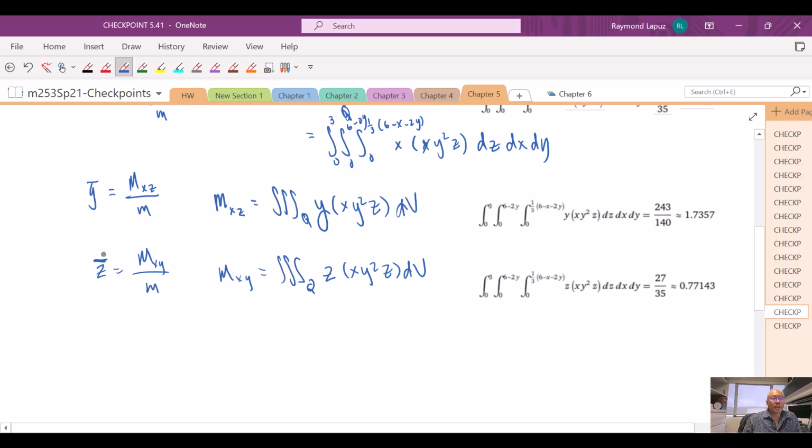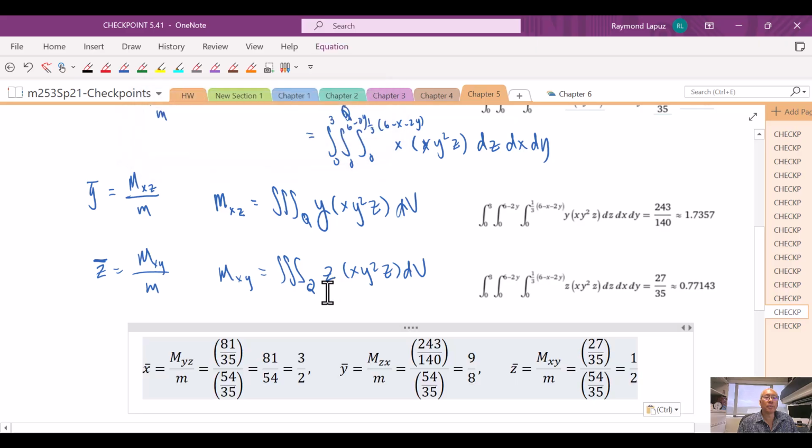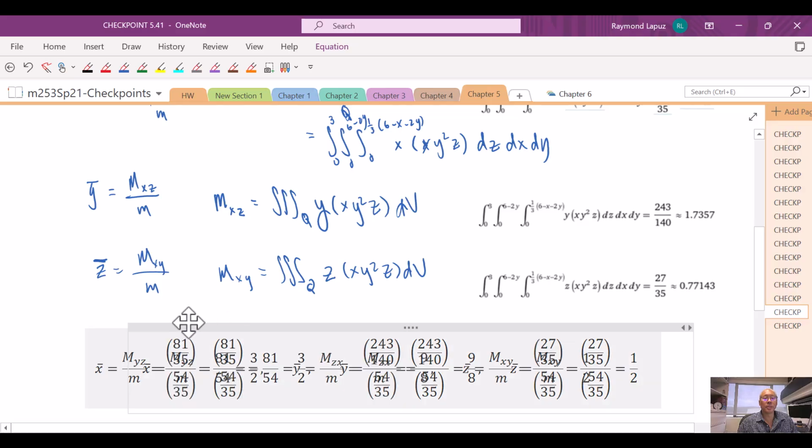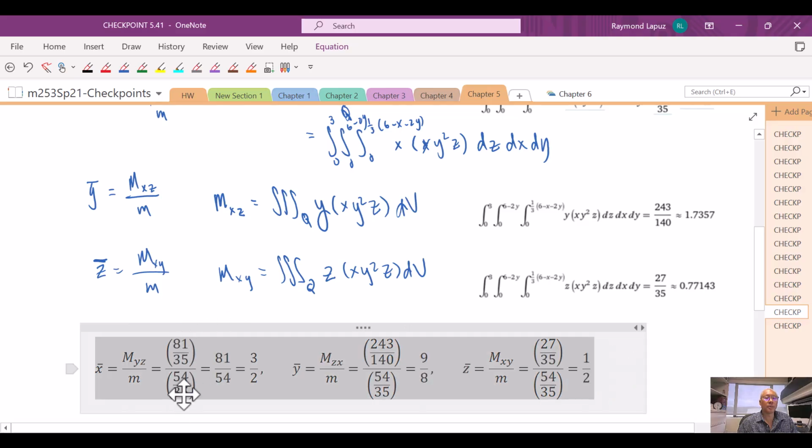Now that we have that, we're just going to put everything together. I actually typed up the work needed already, so I'll just place the results here. Knowing that our mass is equal to 54 over 35, we'll take the first moment that we saw and divide it by 54 over 35, and we get 3 halves for that.